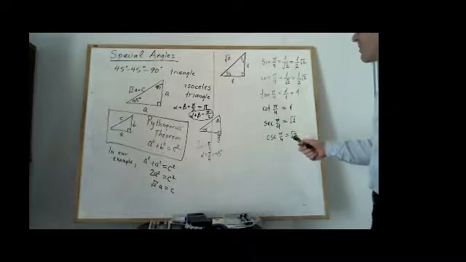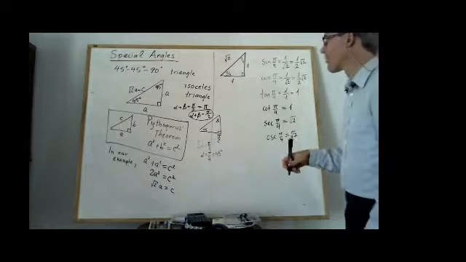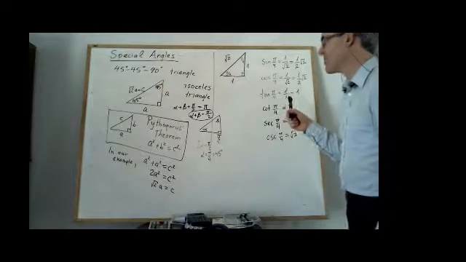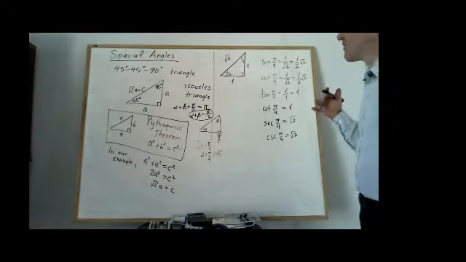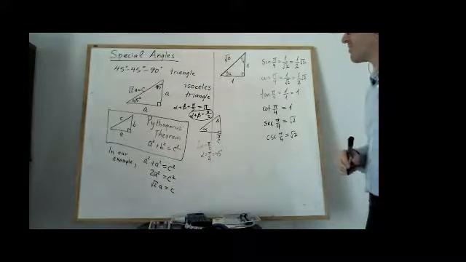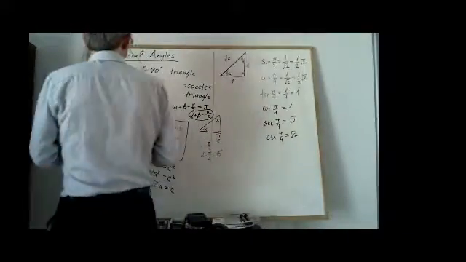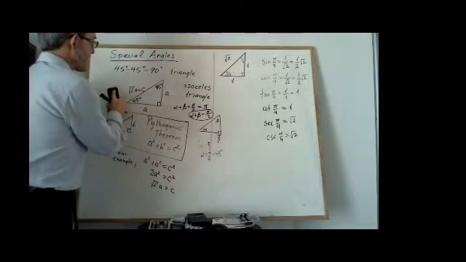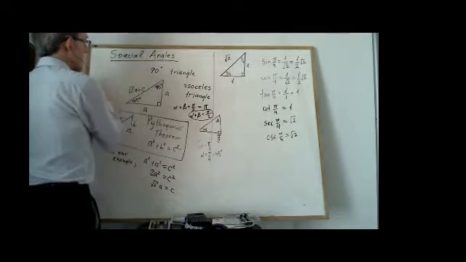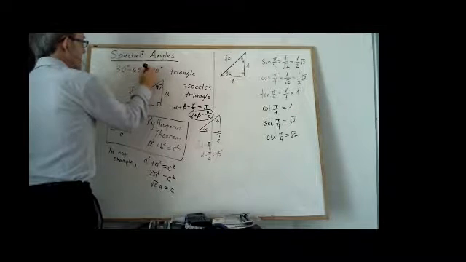So these are the special values, or the values for the special angles. Let me say that again. These are the values of the trigonometric functions when evaluated at this special angle pi over 4. Okay. Let's look at the next case, which is the 30 degree, 60 degree, 90 degree triangle.